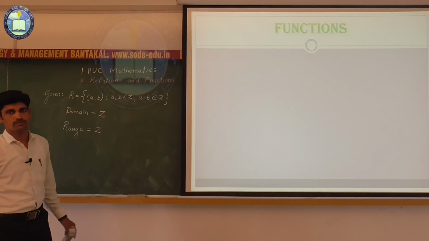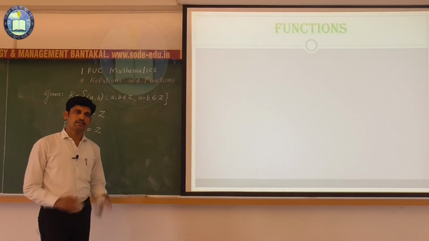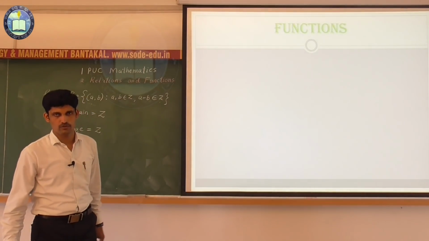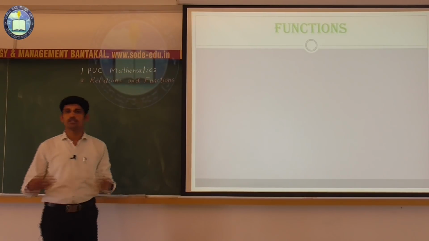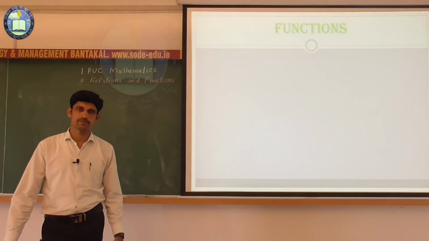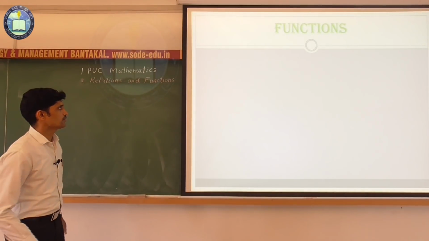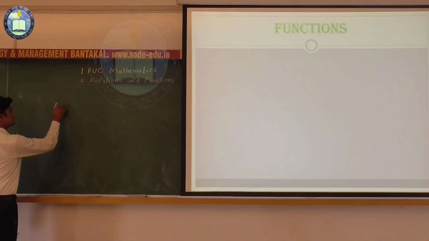These are some problems in that exercise 2.2, and a few more problems are left as homework for you. You can practice them. Now, we move on to another important concept, that is functions. What is a function? We will discuss with an example.